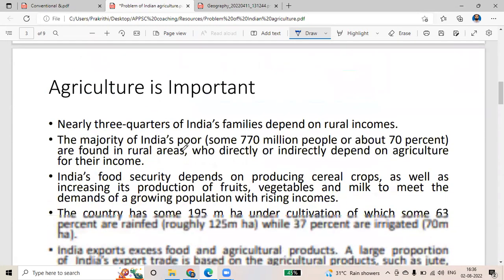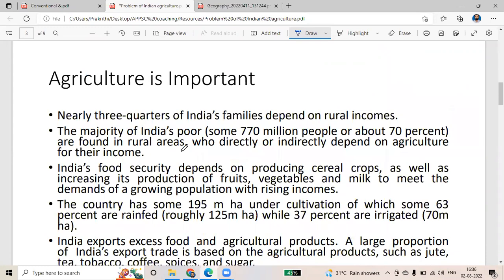So if you look at the importance of agriculture, there are certain importances to the agriculture sector. As I said earlier, after independence, we mostly depended on agriculture for our economy. So that is one of the prior importances. Even in rural India, three-fourths of Indian rural families are still depending on the agriculture sector for their income.